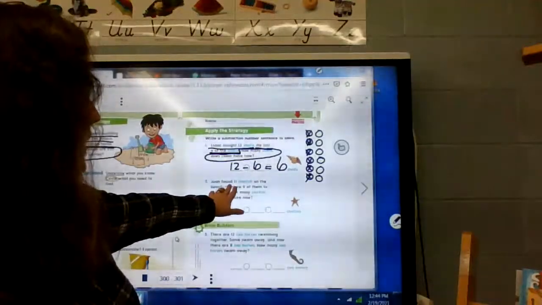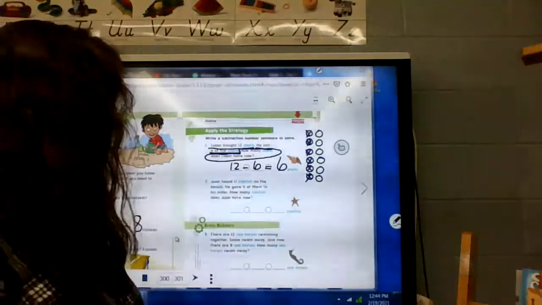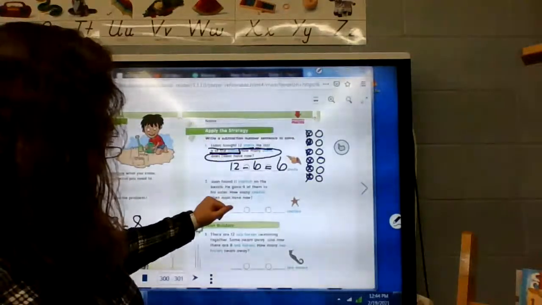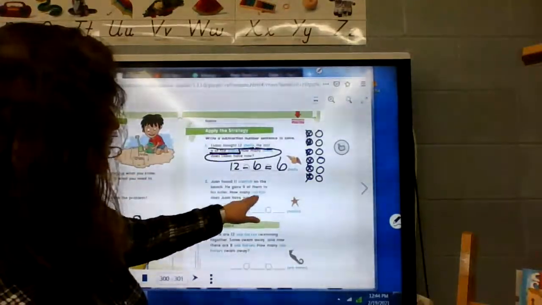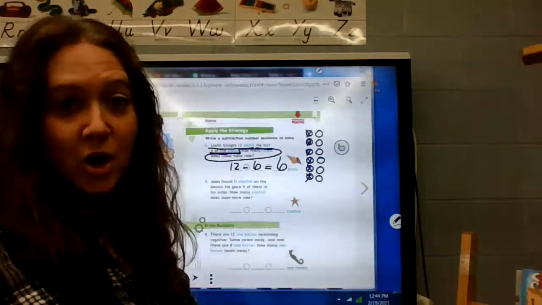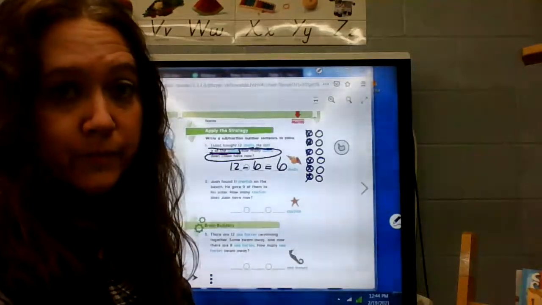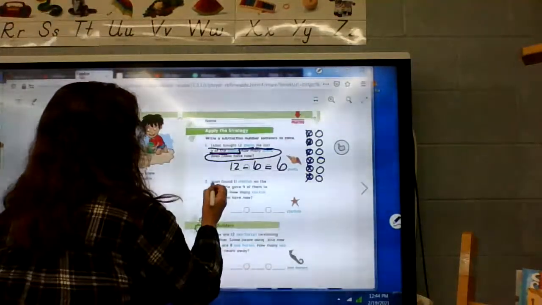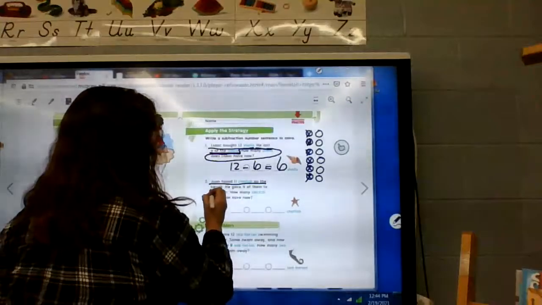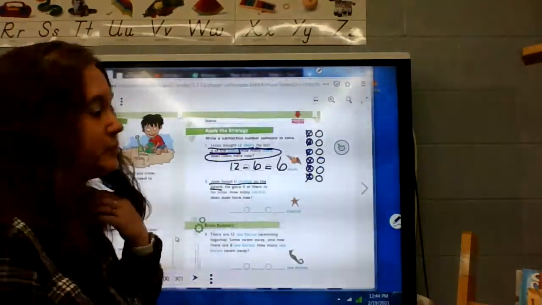Number 2, Juan found 11 starfish on the beach. He gave 4 of them to his sister. How many starfish does Juan have now? Okay, what do we know about Juan and the starfish? We know Juan found 11 starfish on the beach. And what else did we know?